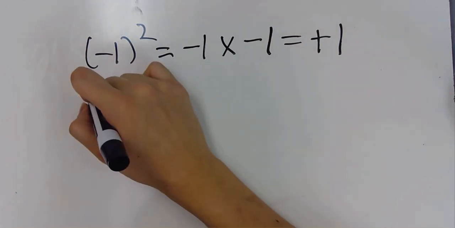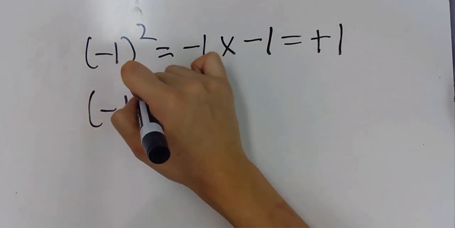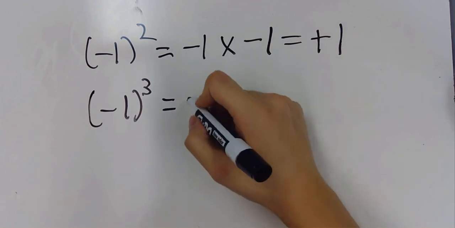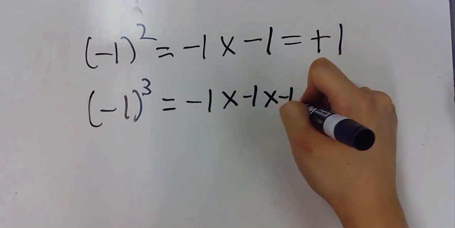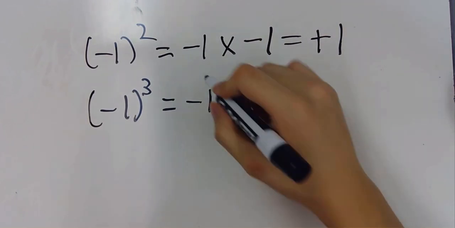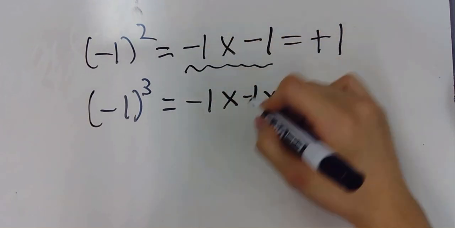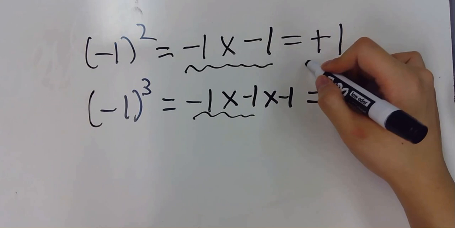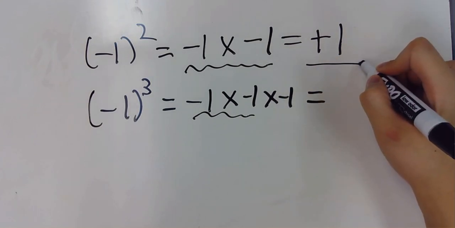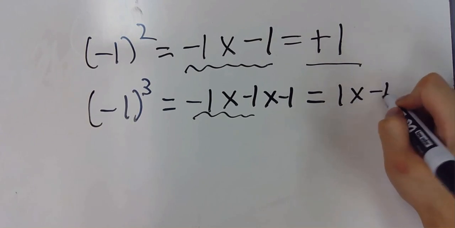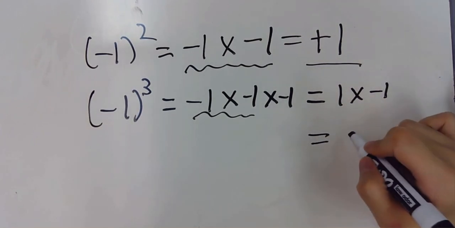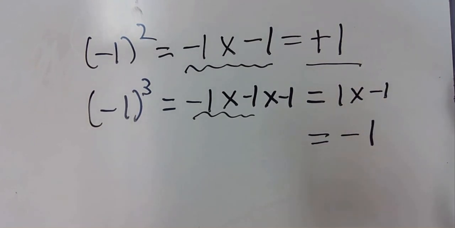What if we had negative 1 to the power of 3? Then I know that I have to do negative 1 times negative 1 times negative 1. And we just found out that if I multiply negative 1 by itself twice, it becomes a positive 1. Then I just have to multiply positive 1 by another negative 1, which then becomes a negative 1.